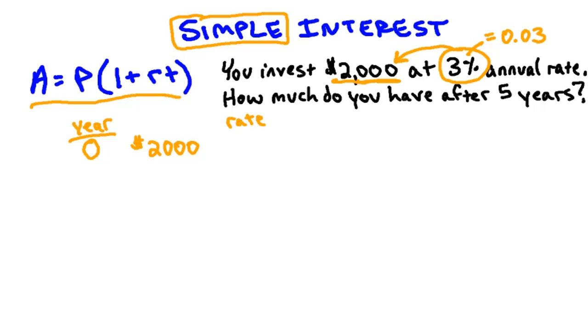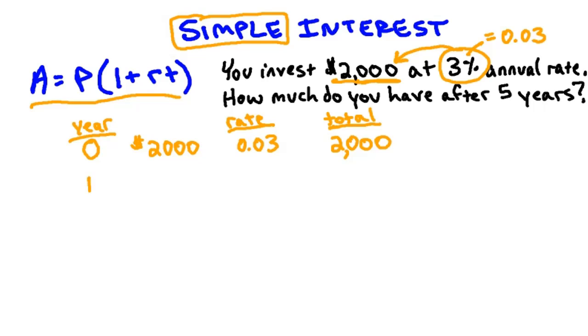So the rate is going to be 0.03, and your total for year zero, when you first invested the $2,000, is just going to be $2,000 because a year hasn't passed yet.